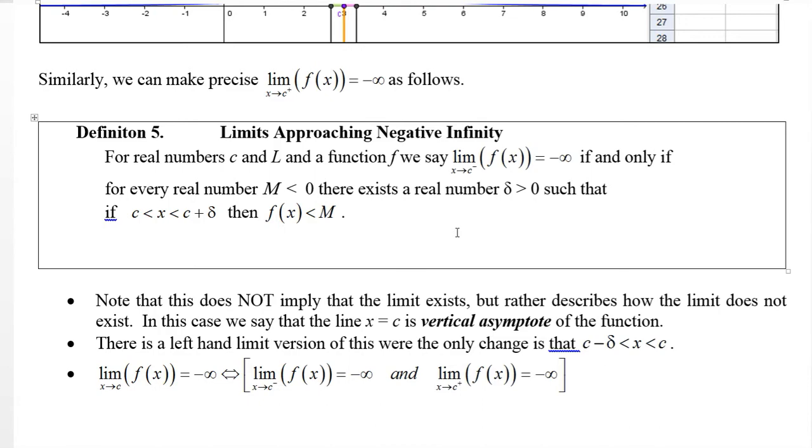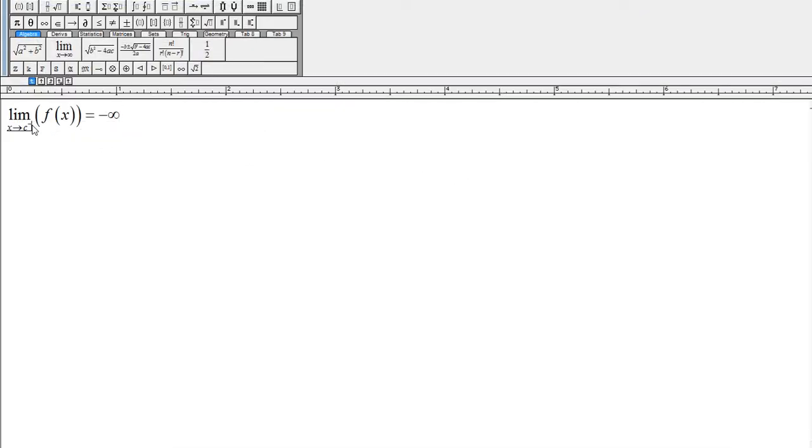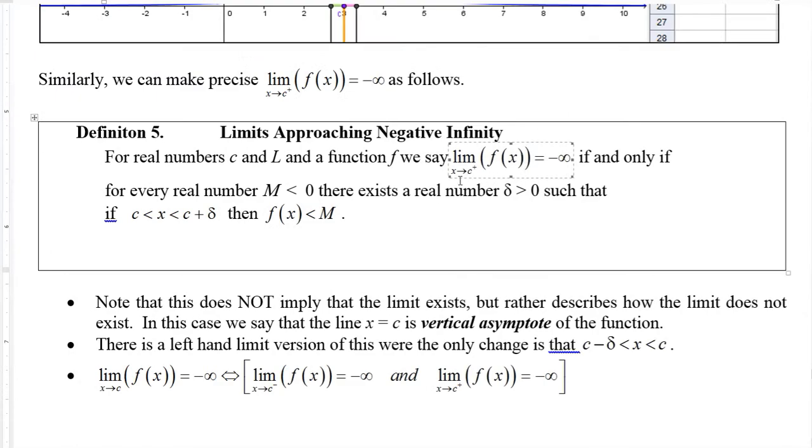So for real numbers c and l and a function f, we say the limit of f of x as x approaches c from the right is negative infinity if and only if for every real number m less than 0 there exists a real number delta greater than 0, such that if x is greater than c but less than c plus delta, then f of x is less than that m, which is some negative number.